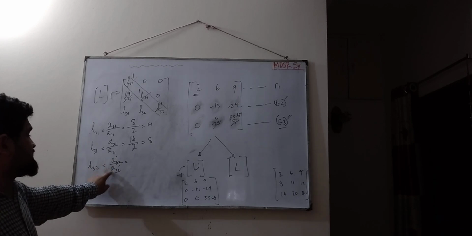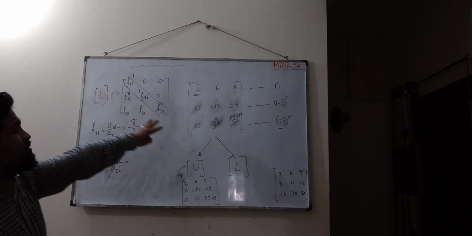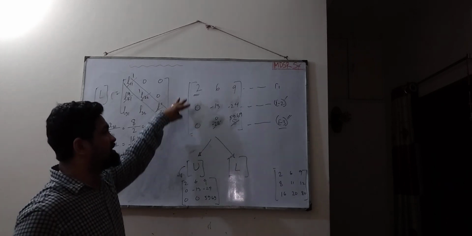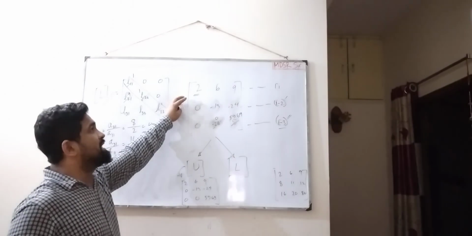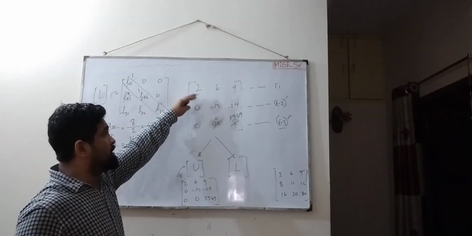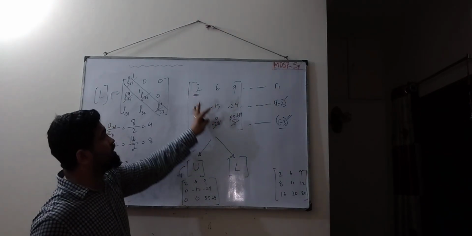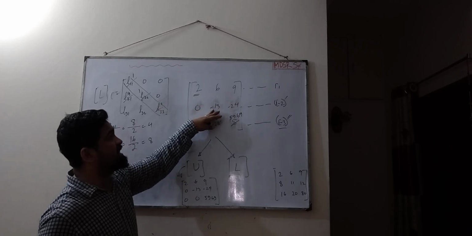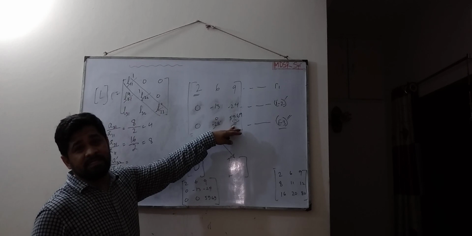What do I mean by this? A32 prime is the element that we found from this setup. Remember that when we converted all the elements below the first pivot to 0, we got this: 2, 6, 9, 0, minus 13, minus 24, 0, minus 28, 8.